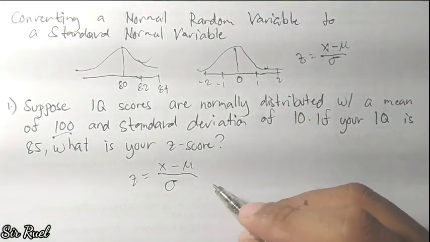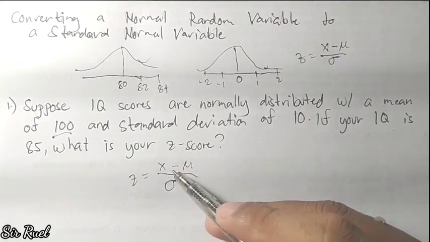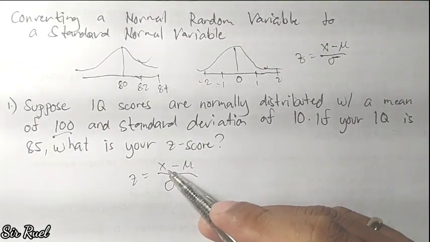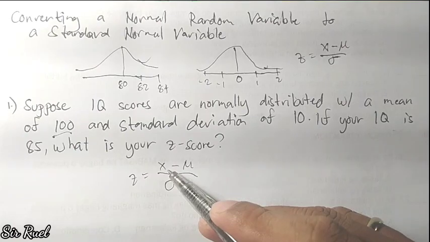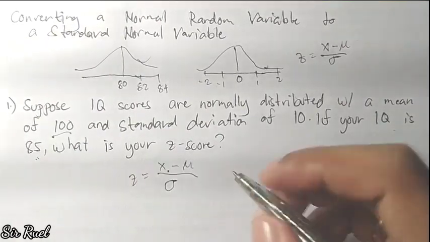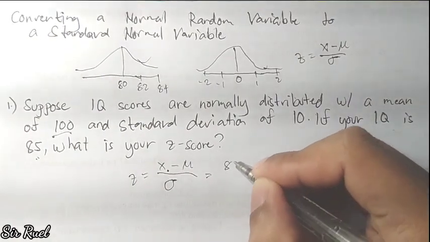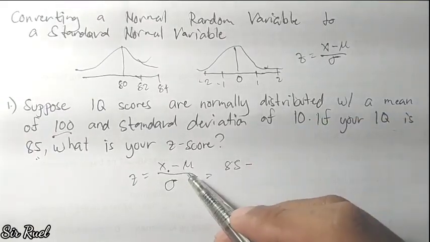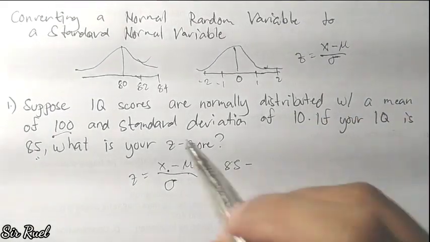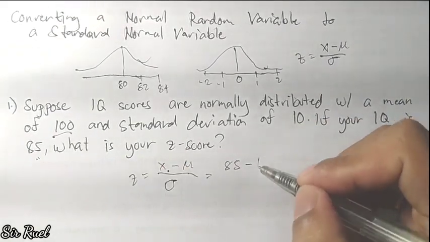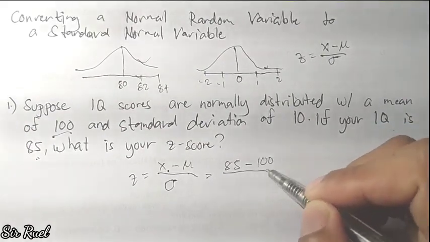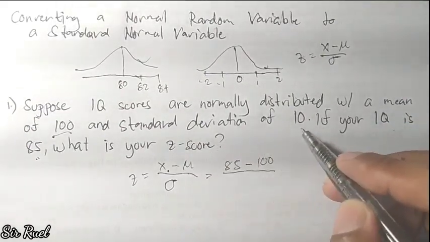All we need to do is substitute the given values. So yung X na raw score, ito siya, 85. We have 85 minus yung mean natin, a mean of 100, divided by standard deviation of 10.